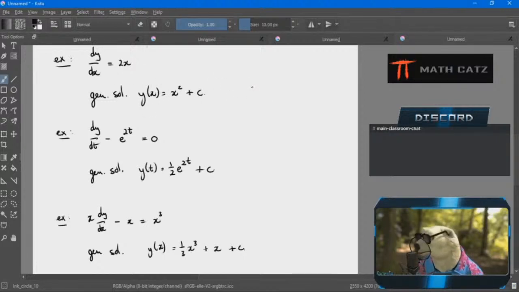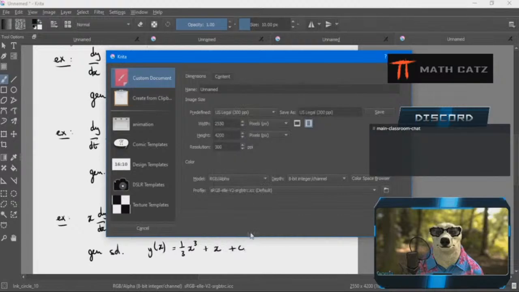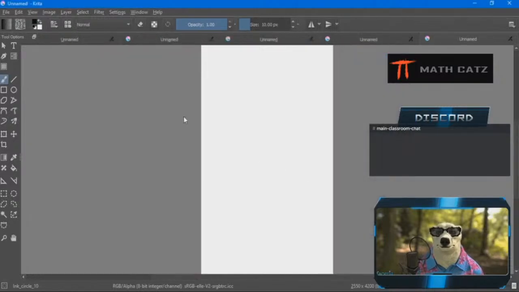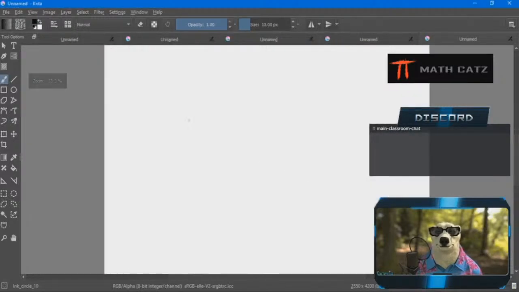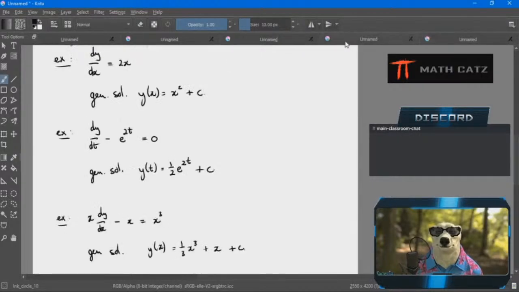If I look at this first one, I'm going to make a new page just so I don't mess this one up. If I look at this first one, what is this asking? It's asking for a function that has as derivative 2x.